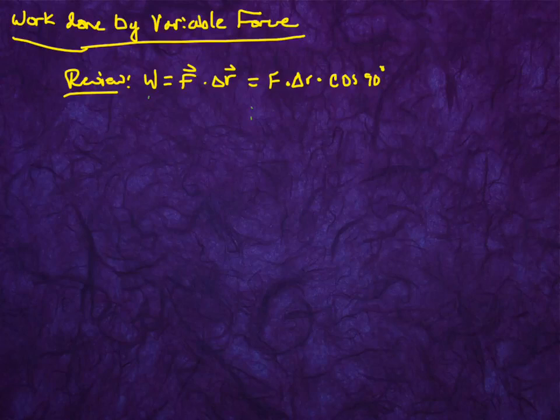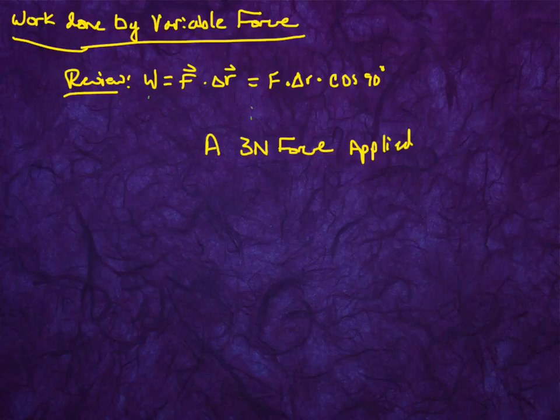Okay, so we're going to start with a pretty simplistic version of it. We're going to have a 3 Newton force that we're going to apply over a displacement of 5 meters.